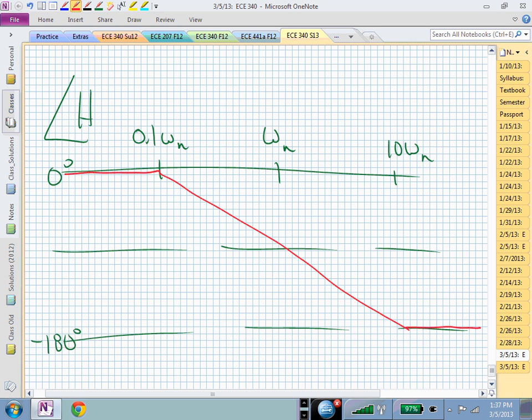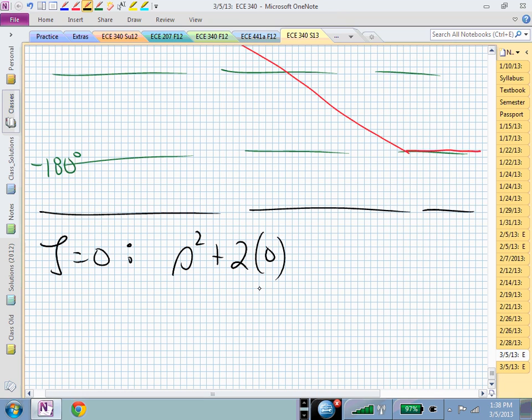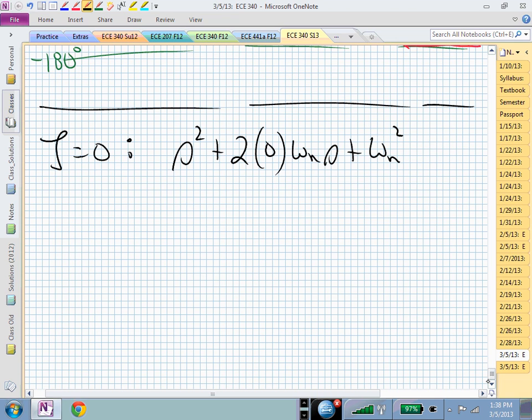Now we want to look at the other extreme, which is zeta going towards 0, and when zeta is actually equal to 0. If we now look at the other extreme, when zeta is equal to 0, now we have s squared plus 2 zeta, but we're saying zeta is 0, omega sub n s plus omega sub n squared. What does this reduce down to as a polynomial?